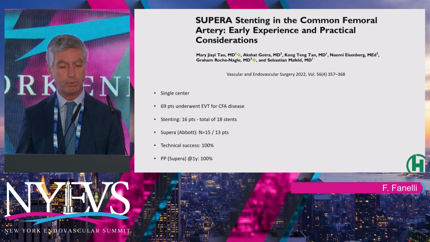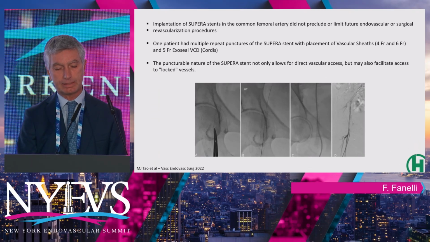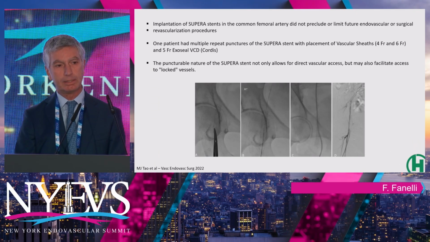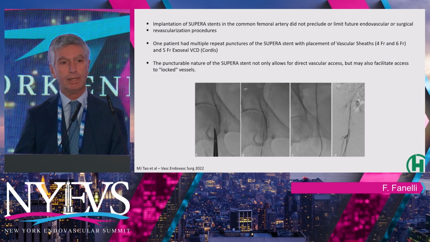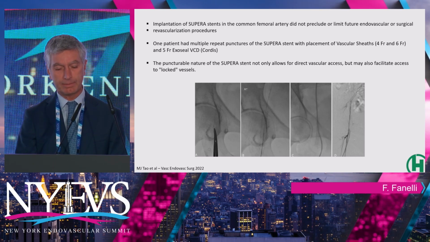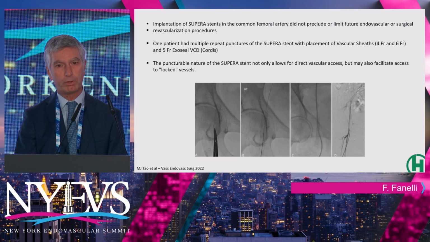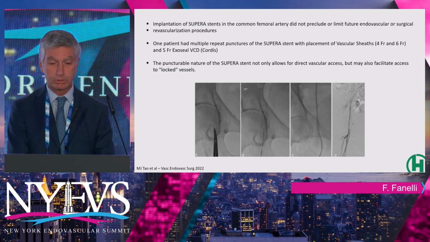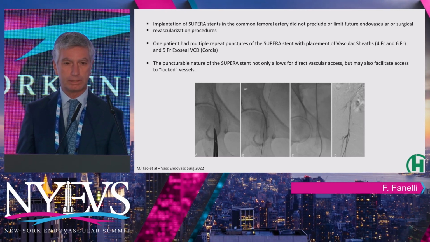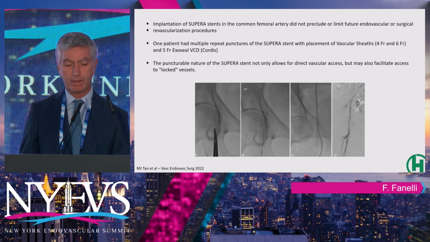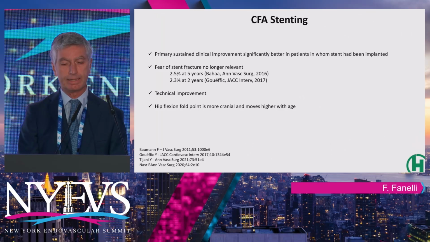Obviously, this is a small group of patients, but they report something very interesting, because according to them, the presence of the Supera stent is not a barrier for future approach in the common femoral artery, because they were able to puncture the vessel, navigate the stent with a 4 and 6 French introducer, and also to occlude the entry site with a closure device. So it opens more treatment opportunities in this area.